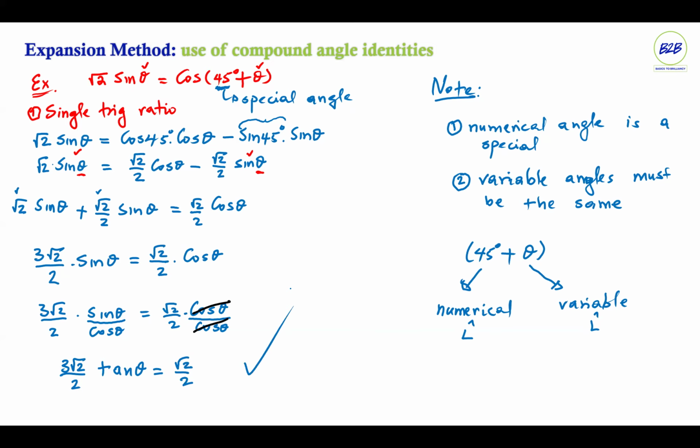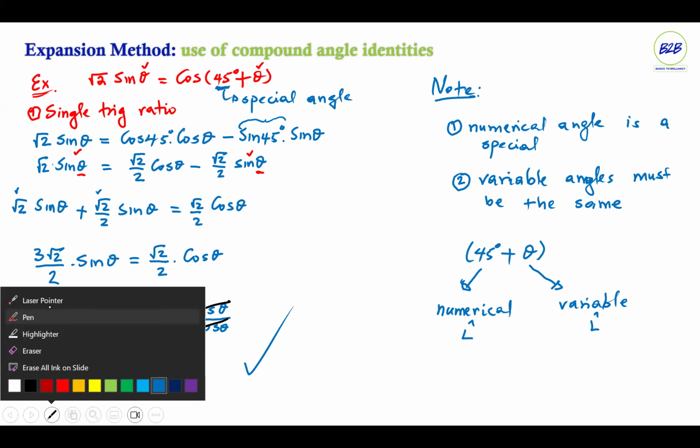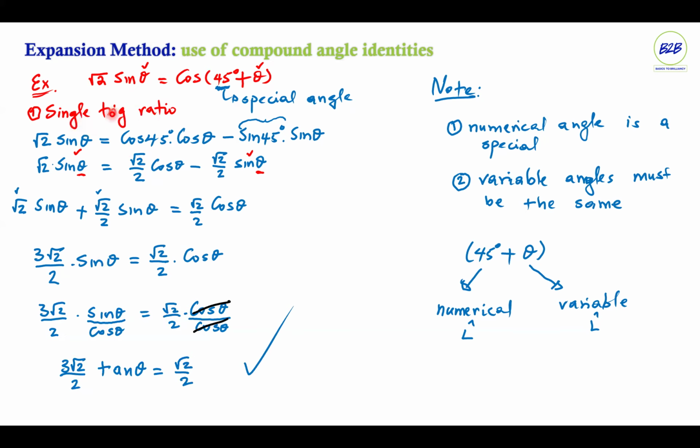And voila! We have achieved a single trigonometric ratio. And that is what we were working towards specifically in this problem, to illustrate how we then apply the expansion method. Because we wouldn't be able to convert sine to cos here, since the coefficient of sine is not positive 1, also it is not negative 1.